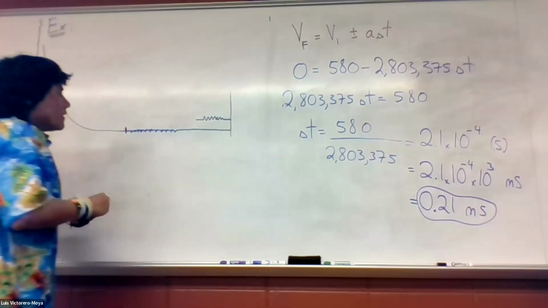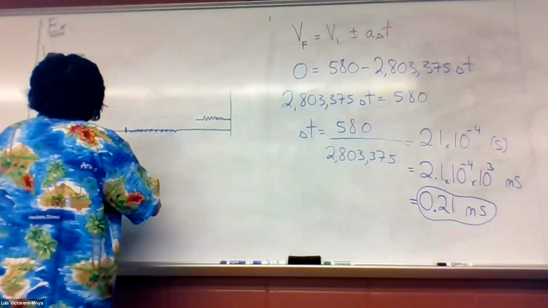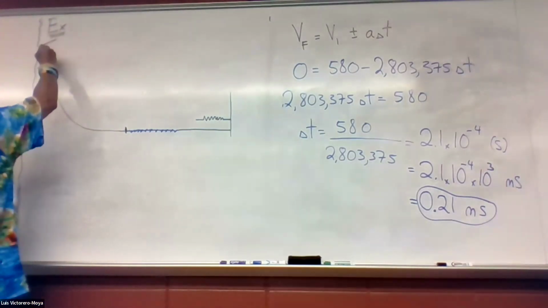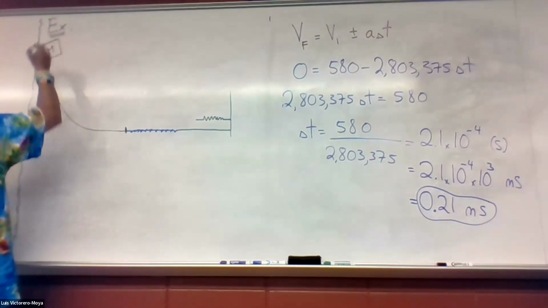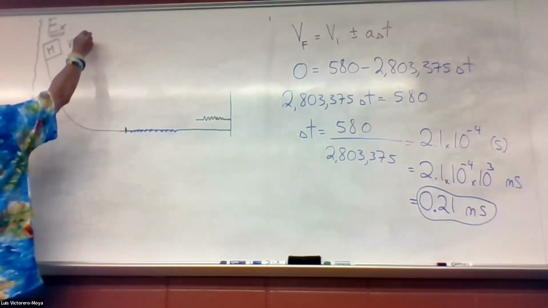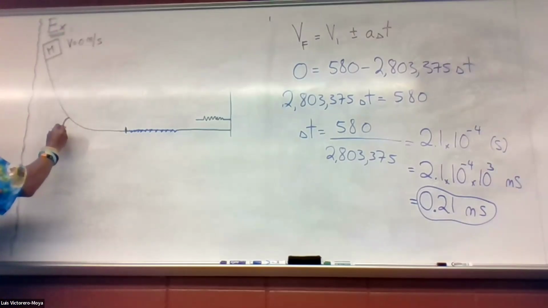There. All right. Let's say the mass M is here, at rest. So that's at rest. No friction here.